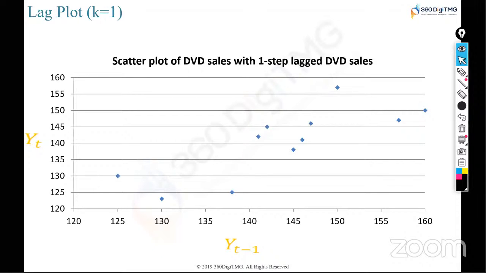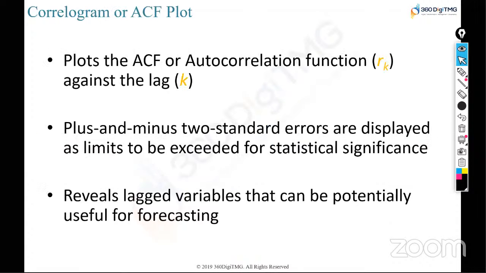So what is the correlation of the original with lag 1? Record it. What is the correlation of original with lag 2? Record it. Correlation of original with lag 3? Record it. So on and so forth. Now, when you complete this entire data of the correlation coefficients, you can create a plot which is called ACF plot or autocorrelation function plot.